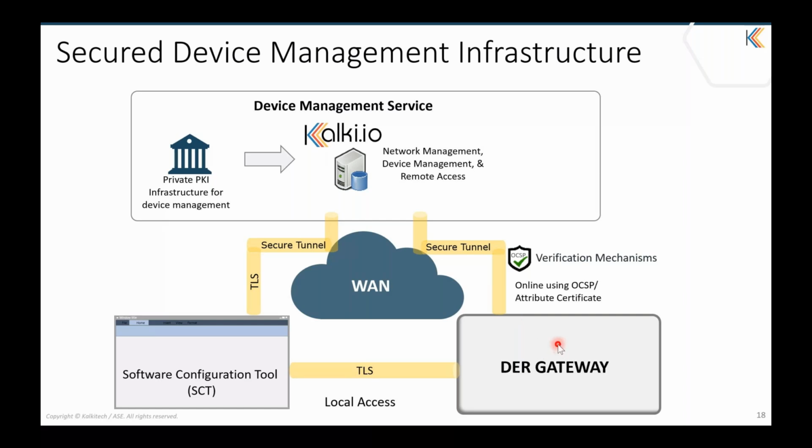Then as per the OCSP response, the gateway can decide whether that user should be allowed to perform a specific operation or not. So those kinds of security layers are already built in as part of the entire ecosystem.